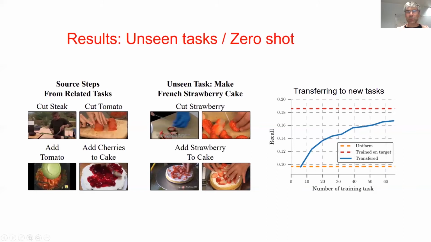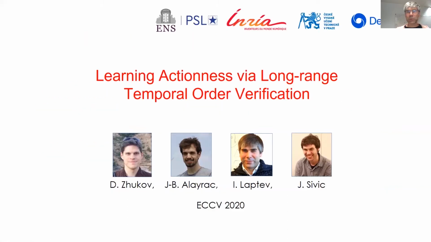For example, adding strawberry to the cake. So it knows already what is the cake, what is the strawberry, what it means to add, and it is able to interpret these actions correctly.